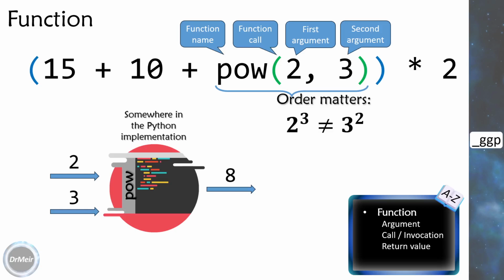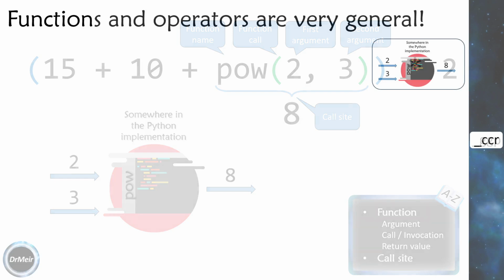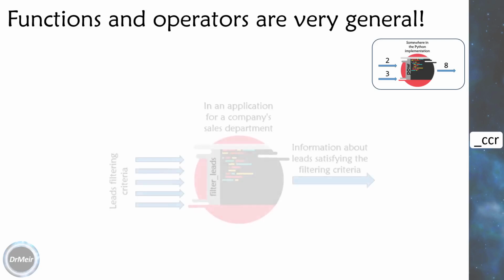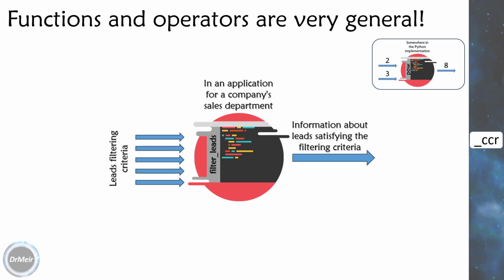The place in the program where a function is invoked is called the call site. The function computes the return value and returns it to the call site. Please realize that we're learning principles that apply much more broadly than math functions.